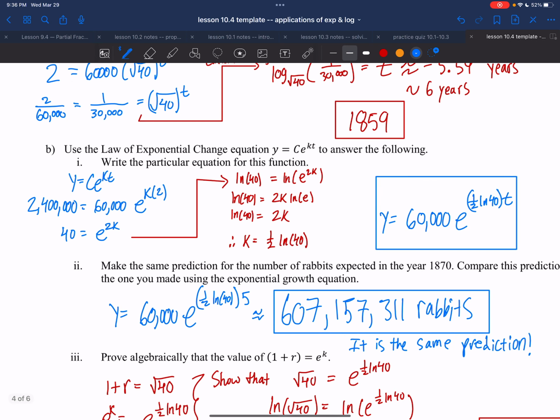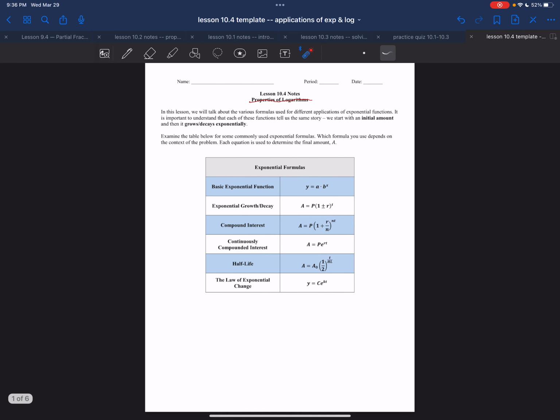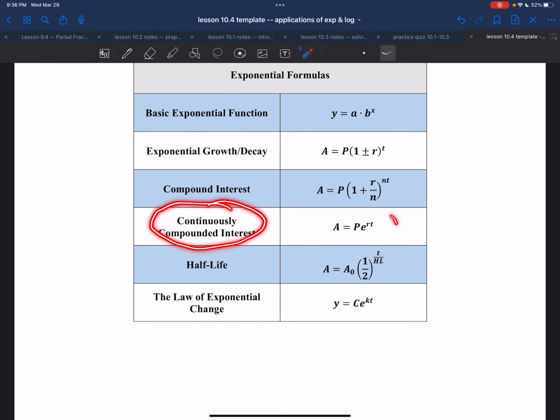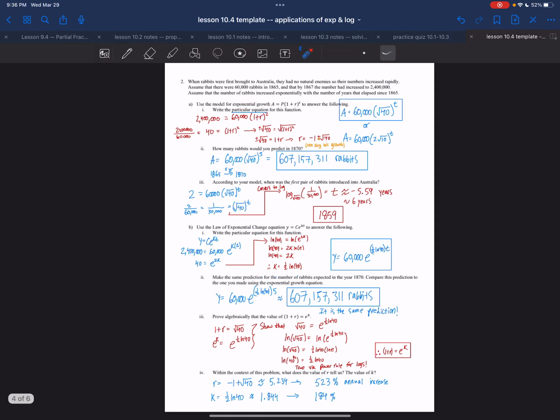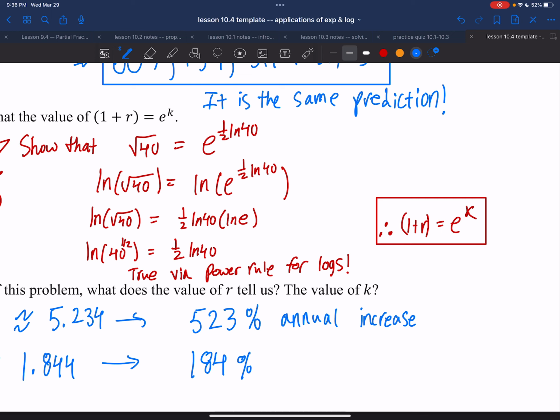It's the law of exponential change, which looks exactly like continuously compounded interest. So k isn't the annual increase of the rabbits. It's 184%.